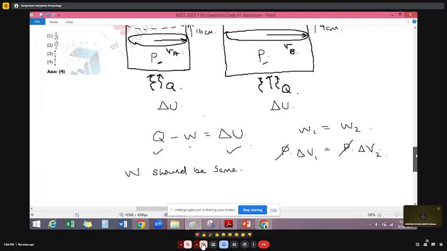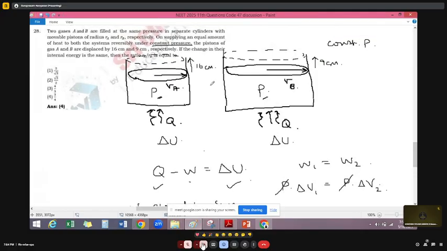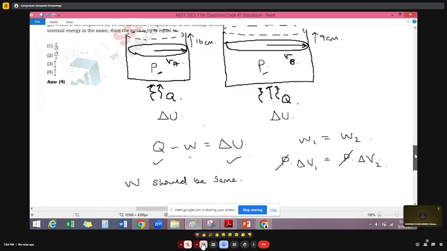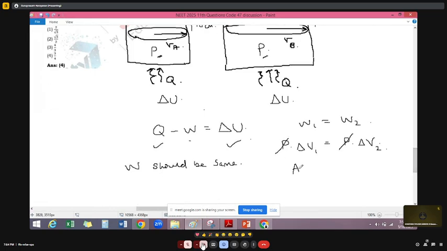Delta V is nothing but area into height. So area into height. Area is pi r squared. Height is 16 centimeter.